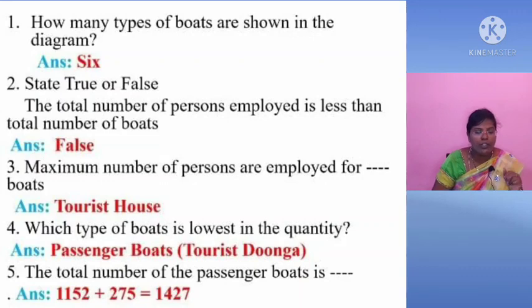That's why you have to mention the bracket part also. Fifth question: the total number of passenger boats. You have to add the second and fifth parts. 1152 plus 275 is equal to 1427.